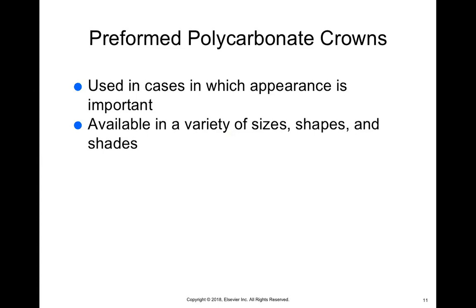They'll have multiple options for each type of tooth, and you're able to pick the one that fits your patient's tooth the best. It also comes in different shades, so you can match the color as well. Because usually most provisionals are more on the yellowish side, but you have the option of ordering polycarbonate crowns that come in different colors.